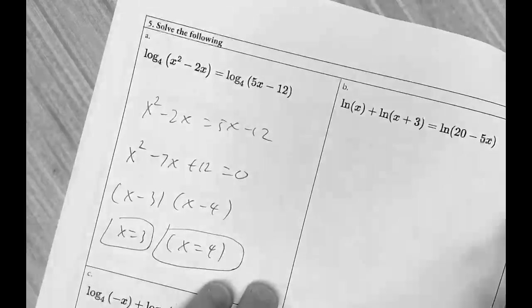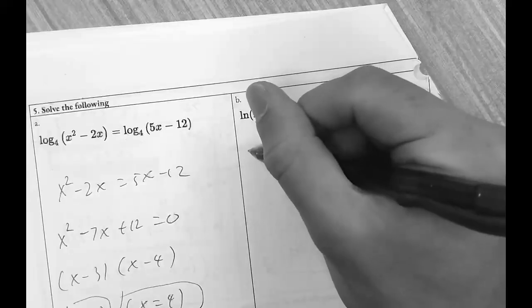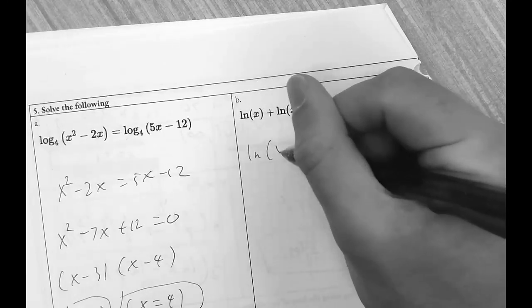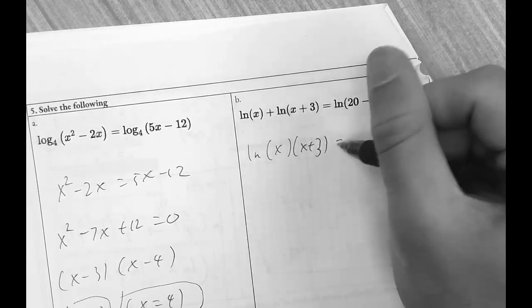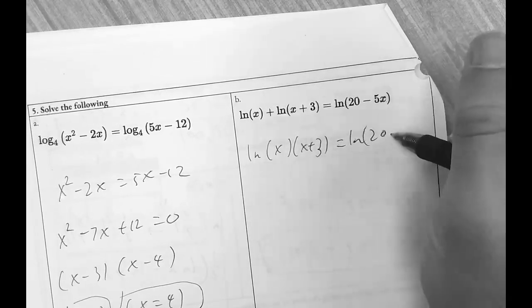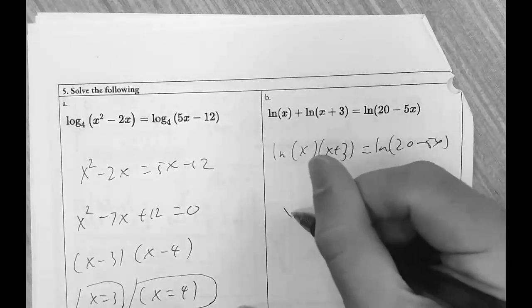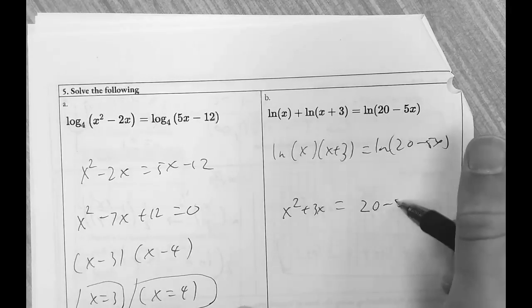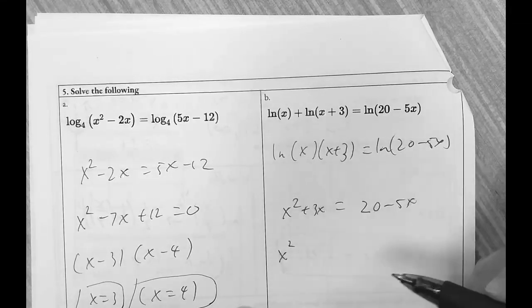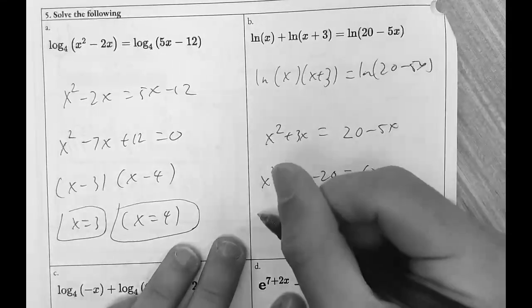Okay. No extraneous. Here, very similar to A, except we need to combine these two first. So we're going to have ln x times x plus 3 equals ln 20 minus 5x. And then we can set these equal to each other. So we're going to get x squared plus 3x equals 20 minus 5x. X squared plus 8x minus 20 equals 0.